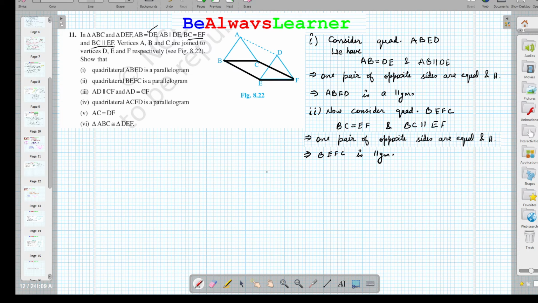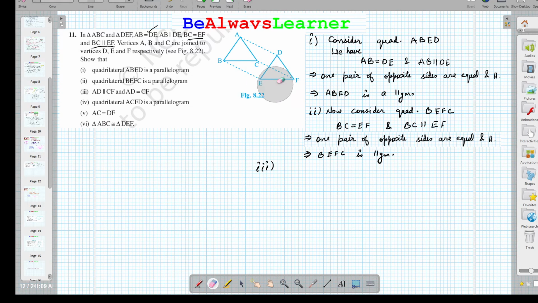Now the third part we are going to focus on. The third part is AD is parallel with CF. So what is AD? AD is parallel with CF. This is CF.